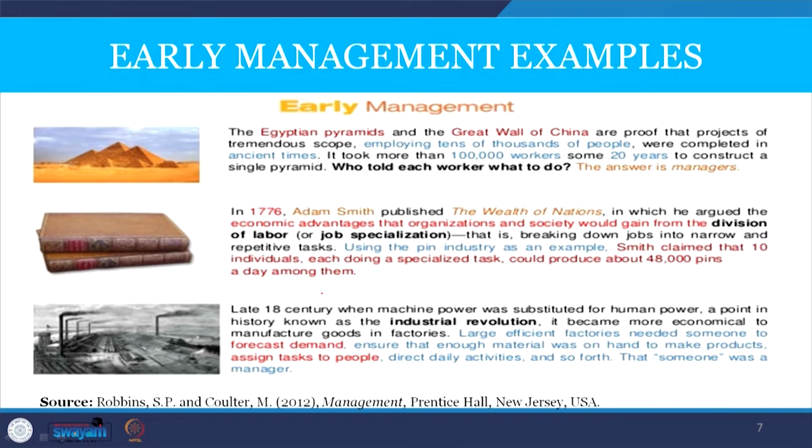The examples would be the Egyptian pyramid and the Great Wall of China. They are proof that projects of tremendous nature, employing tens of thousands of people, were completed in ancient times. In India, we have the Taj Mahal and other historical monuments. Those monuments were built centuries ago, but still they are existing.